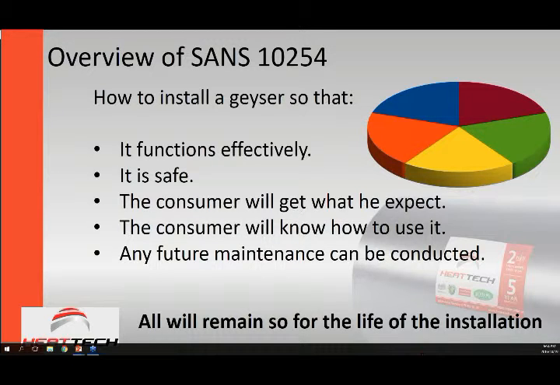Let me quickly give my short overview of what is in 10254. It explains how to install a geyser so that it functions effectively.